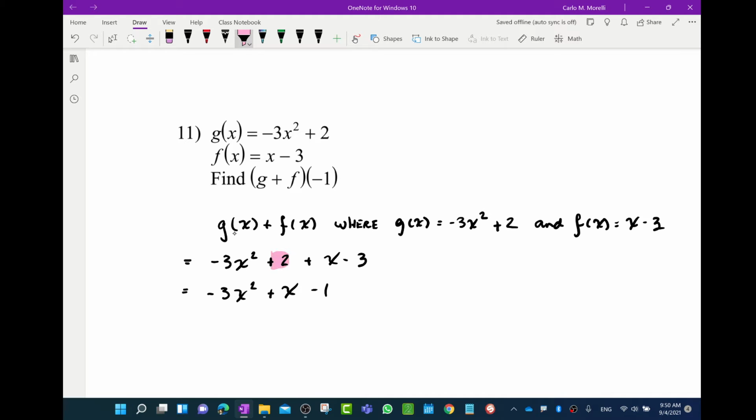And the only two terms that you would combine are positive 2 and negative 3.